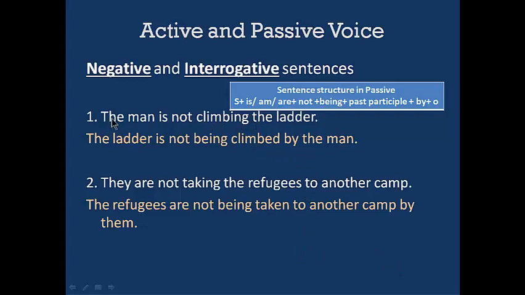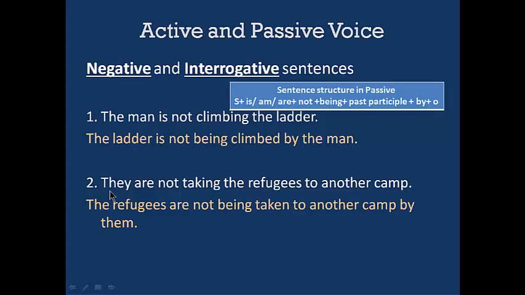If you look at this example, the man is not climbing the ladder. The ladder is the object. It goes to the subject place. The ladder is not being climbed by the man. It should be kept in mind that not is added after the auxiliary verb which is there in the sentence.